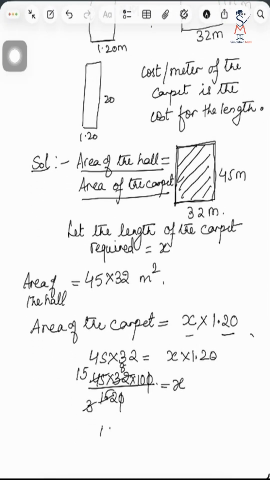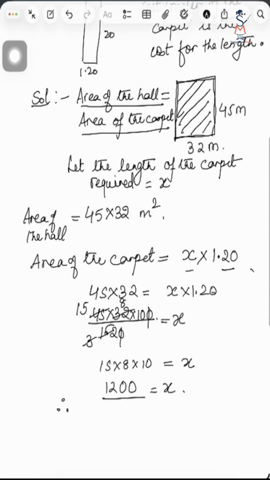Now we will solve 15 into 8 into 10 is equal to X. 8 5s are 40, 4 carry, 8 1s are 8, 9, 10, 11, 12. 1200 is X.